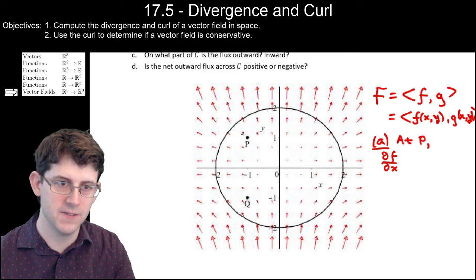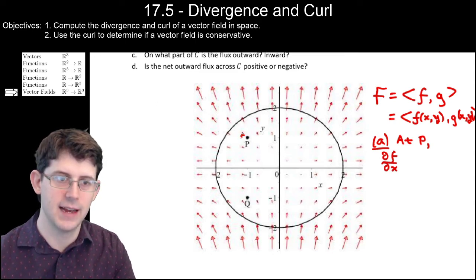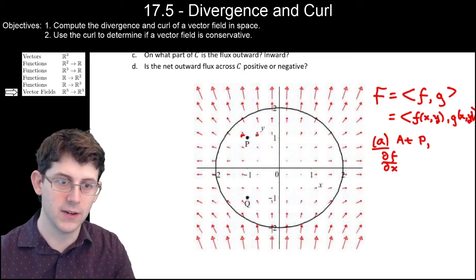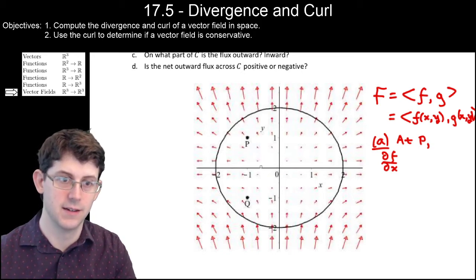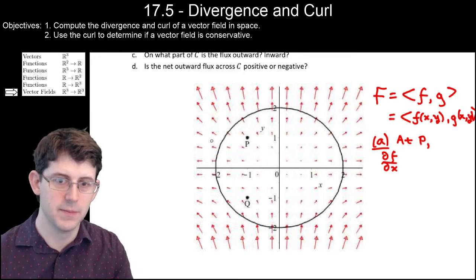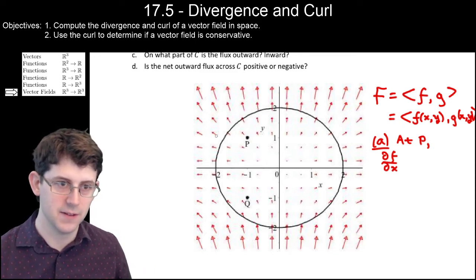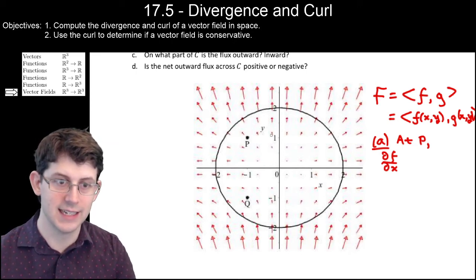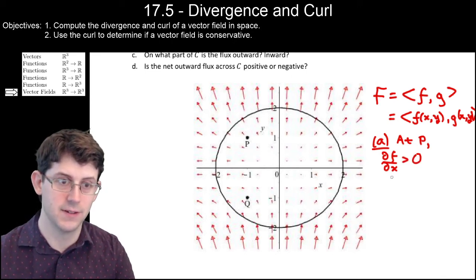So to the left of P, they're going a little bit to the left. And as we move over to the right, they are going less to the left. As I go along here, it goes from F being very negative, because the arrows are pointing left, to F being less and less negative. So partial F partial X is positive. F is increasing as X increases.